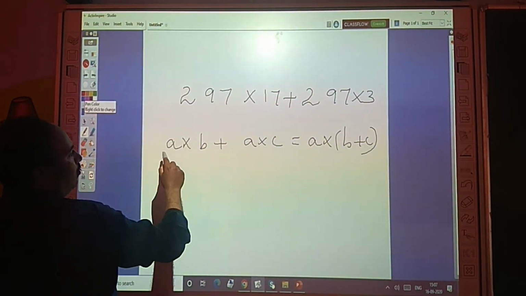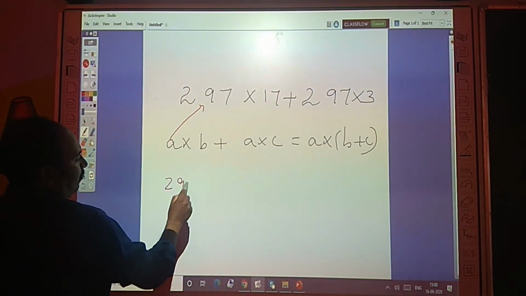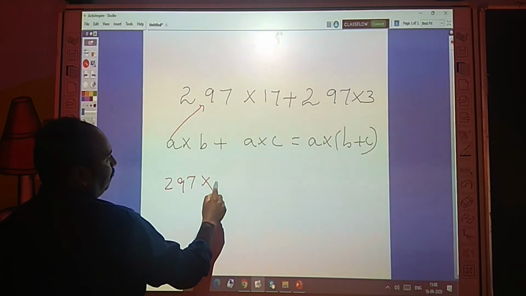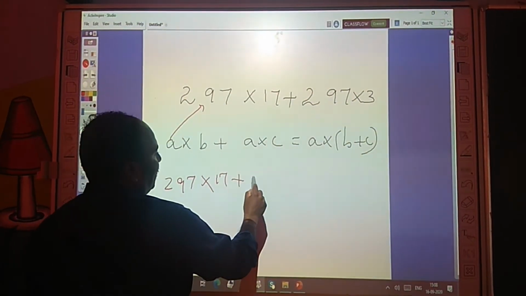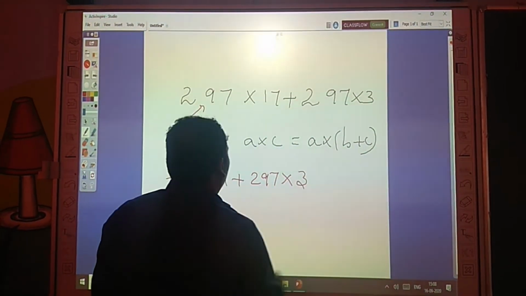So A is equal to 297, B is equal to 70, and C is equal to 3.